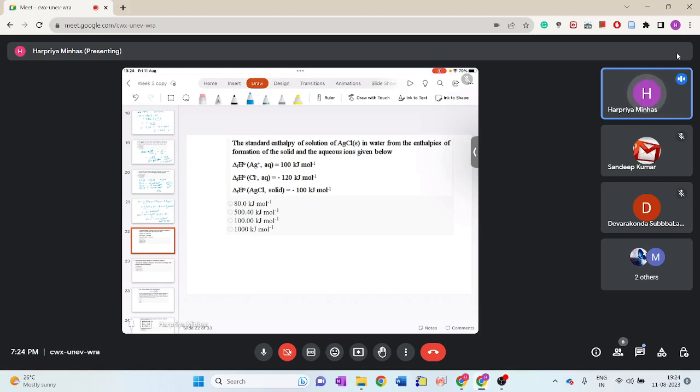Okay, this question states the standard enthalpy of solution of solid AgCl in water, from the enthalpies of formation of the solid and the aqueous ions given below. These are the enthalpies of formation for Ag plus, Cl minus and AgCl, that's given.